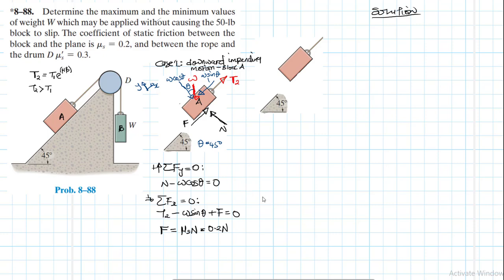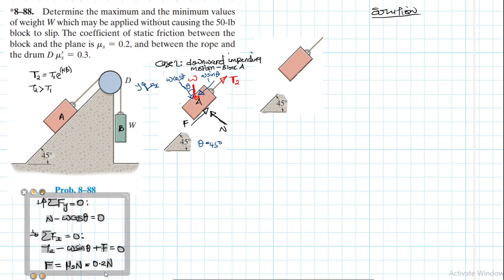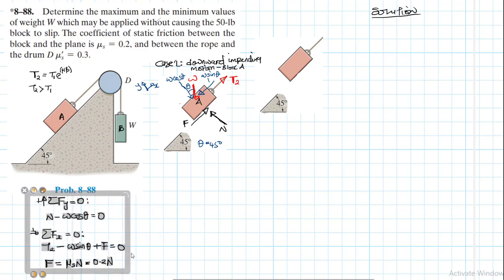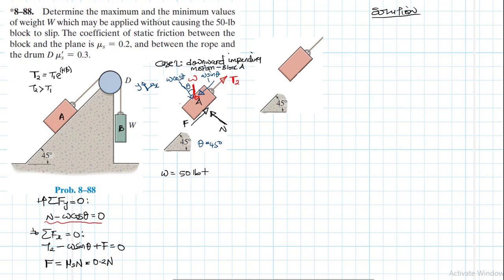So let's now solve these equations. Let me try and move these equations maybe to somewhere here. Okay. So using this equation, we use red. Using this equation here, we know that our W is equal to 50 pounds, right? And our theta is equal to 45 degrees.